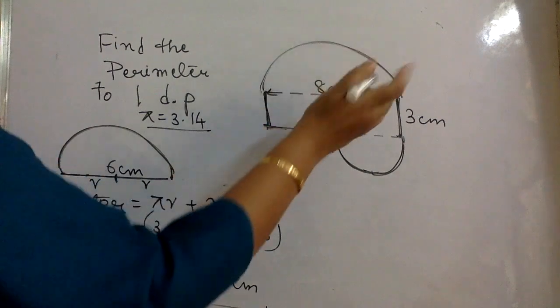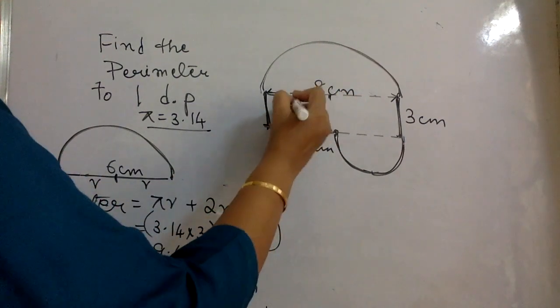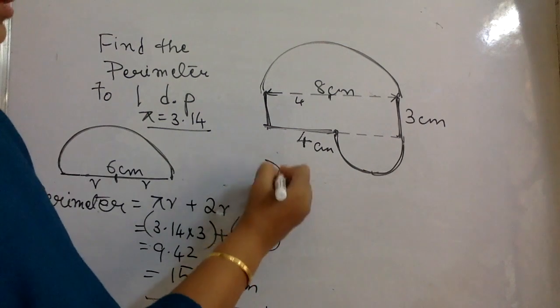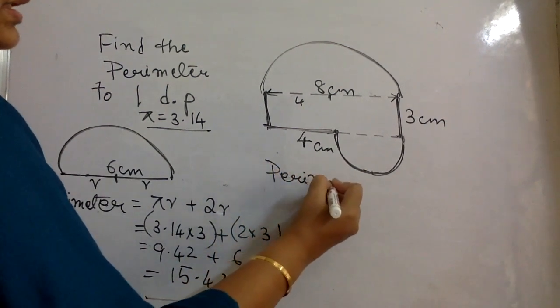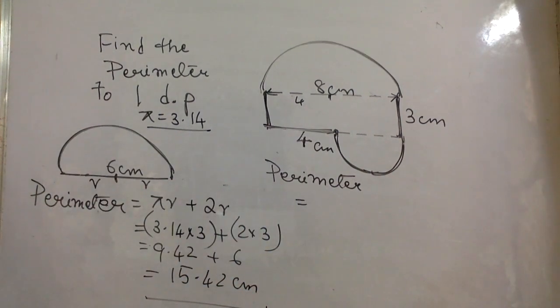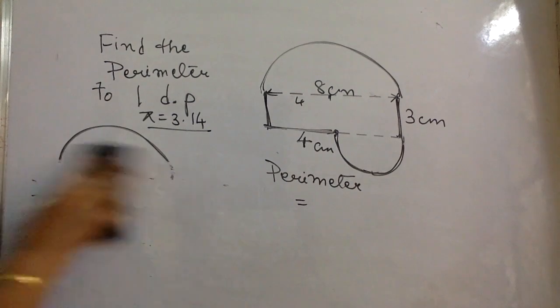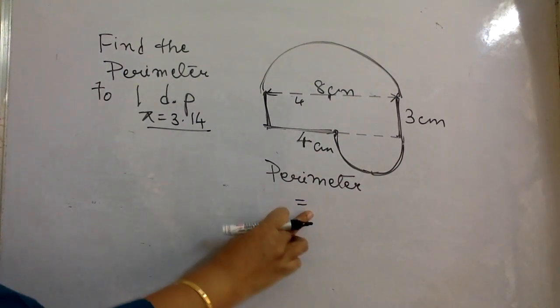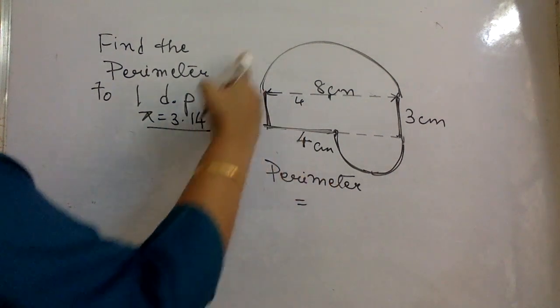So for this much I can see the diameter is 8, so the radius is 4. So I will take that. So perimeter is nothing but the outer boundary. So perimeter is equal to pi r.